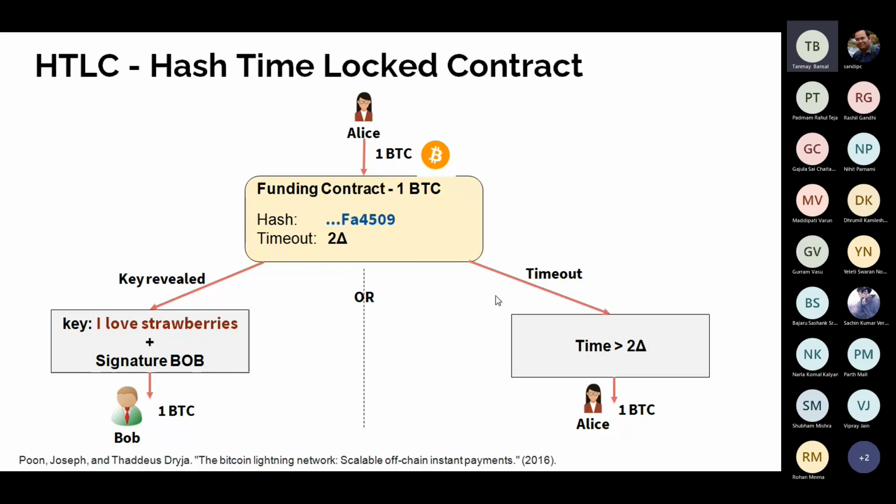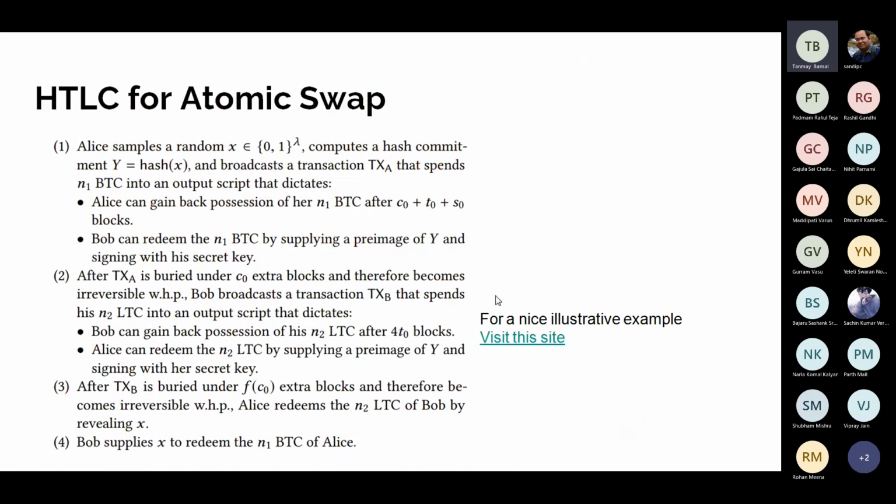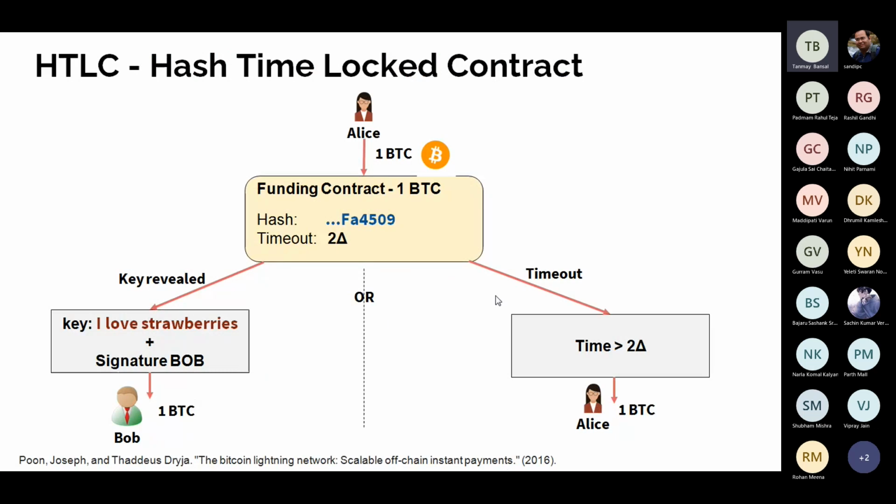And then next we'll discuss how this HTLC, this hash time lock itself, is used for carrying out the atomic swap. In this case, we have not yet talked about any swapping. It is just that Alice is making a payment to Bob, and the payment will be released only based on revealing of this key, or it will time out, and then Alice will get back her money.